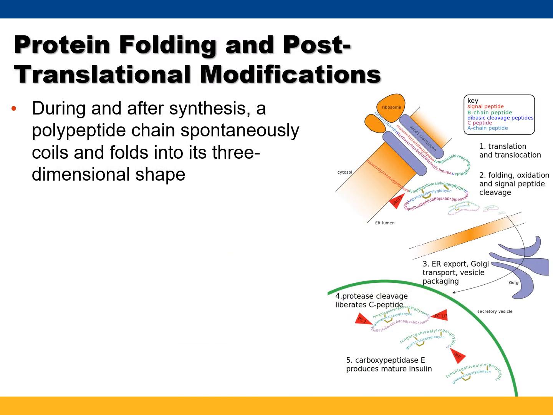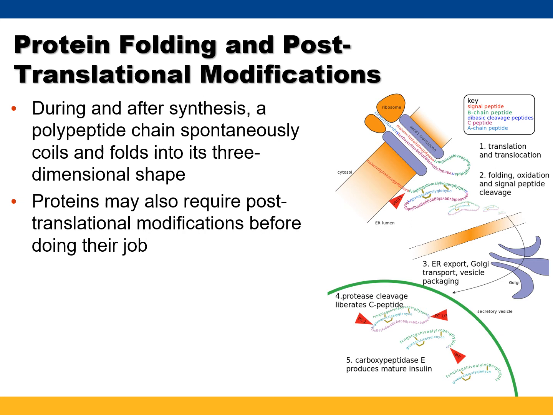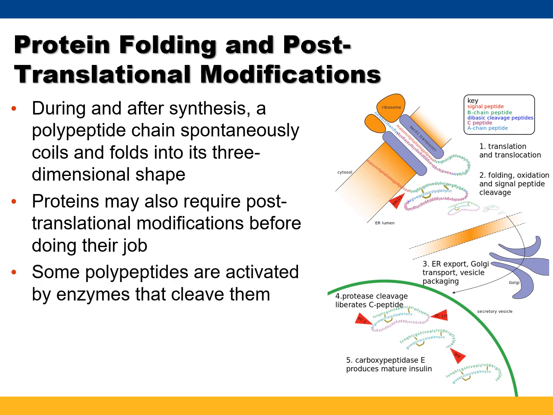Post-translational modifications, as I said, include folding, targeting, covalent modification and/or cleavage. So we can cut these things, we can stick them in the membrane, we can send them to the Golgi for additional modification and transport out of the cell. All of these things are considered post-translational modifications.